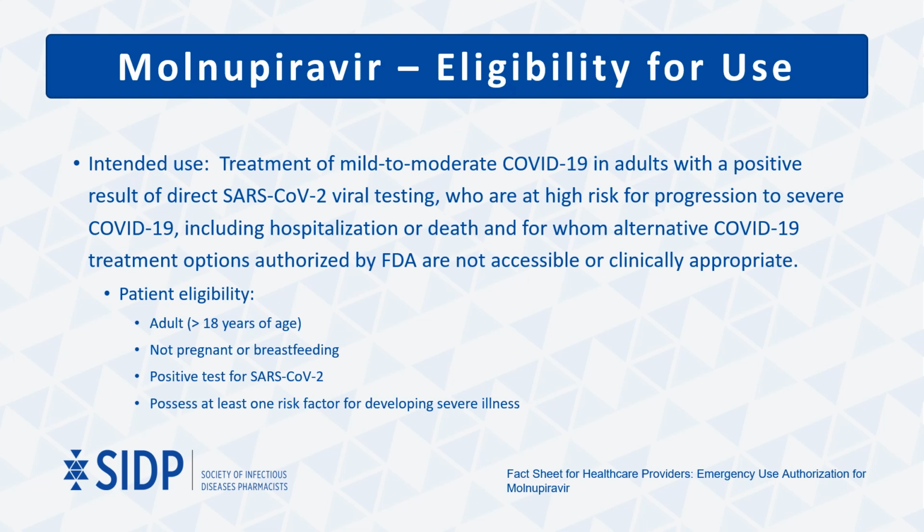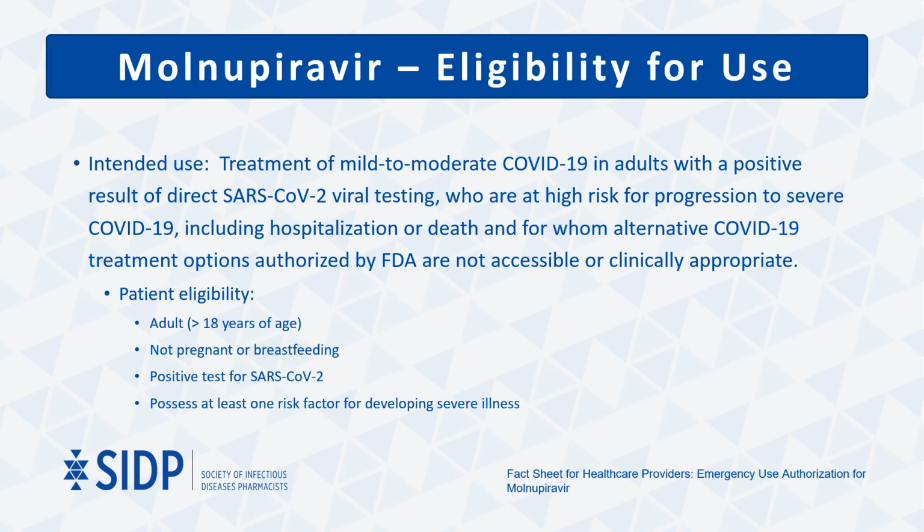With respect to eligibility for use, the criteria for use for Molnupiravir are for the treatment of mild to moderate COVID-19 in adults with a positive result of a direct SARS-CoV-2 viral test who are at high risk for progression to severe COVID-19, including hospitalization or death, and for whom alternative COVID-19 treatment options authorized by the FDA are not accessible or clinically appropriate.